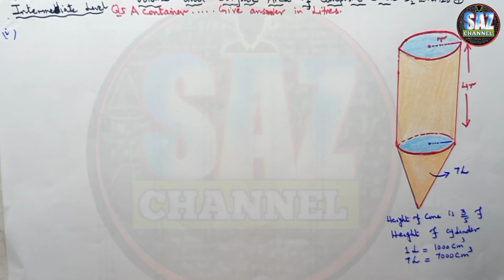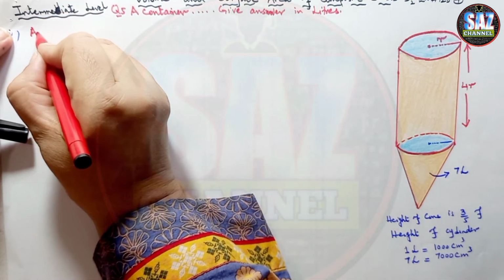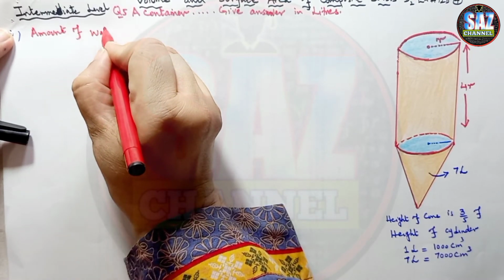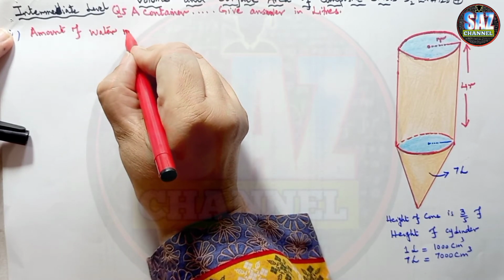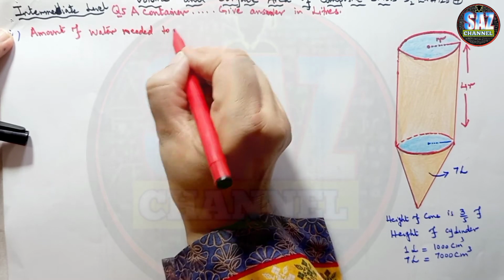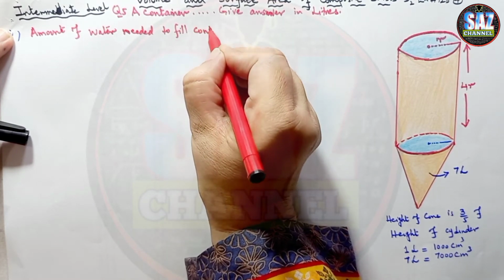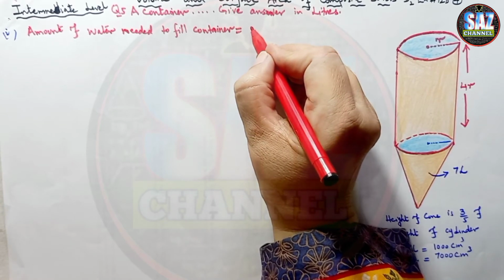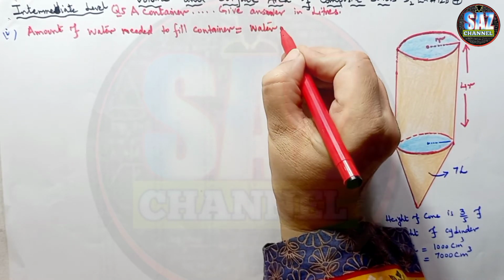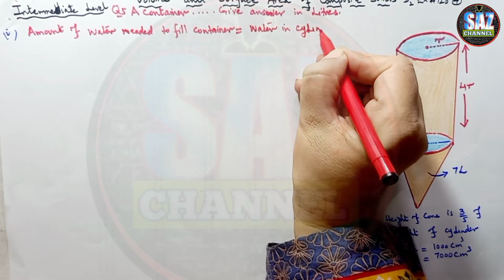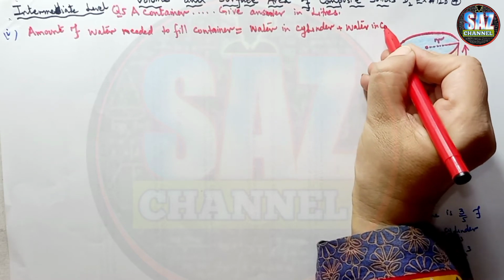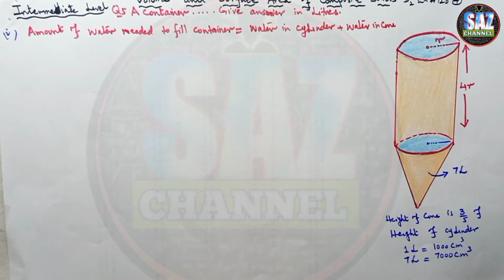The amount of water needed to fill the container equals the amount of water in the cylindrical portion, in the cylinder, plus the water in the cone.